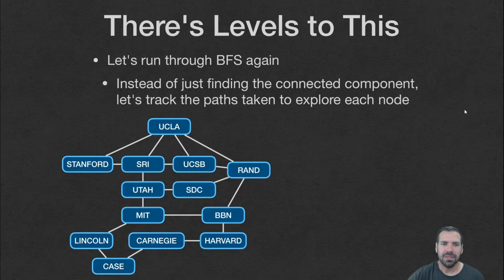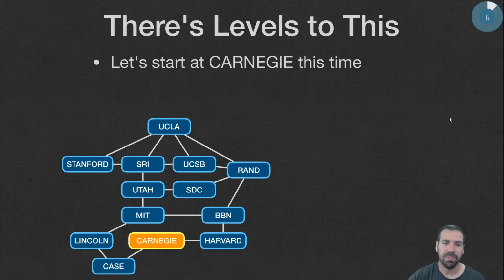Let's run through breadth first search again, except when we're visiting new nodes, we're going to keep track of the edges that we've used to be able to discover new nodes. So let's start at Carnegie, because we started at UCLA last time. So this section of lecture is all going to start with Carnegie as the starting node.